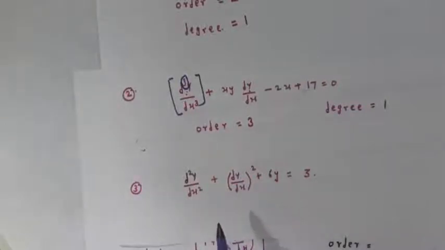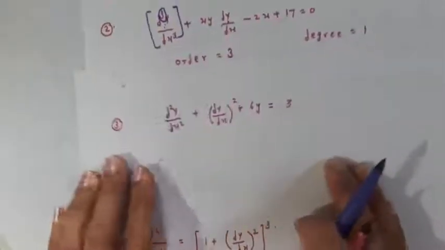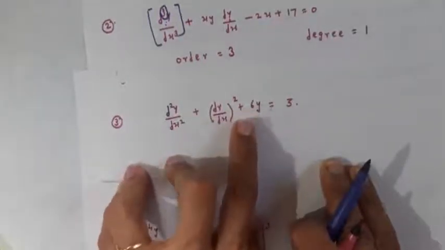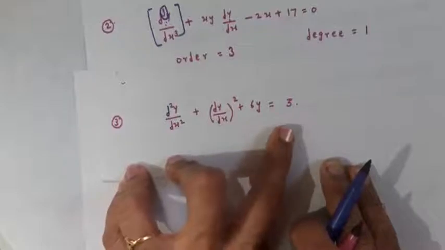Now the next example is d²y/dx² plus (dy/dx)² plus 6y equal to 3.